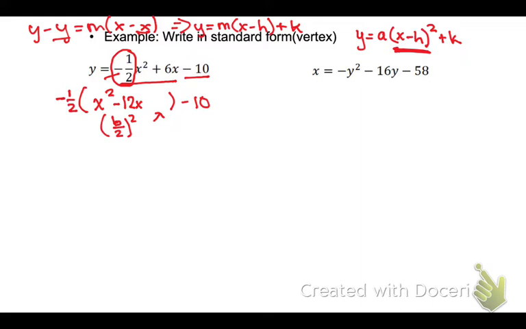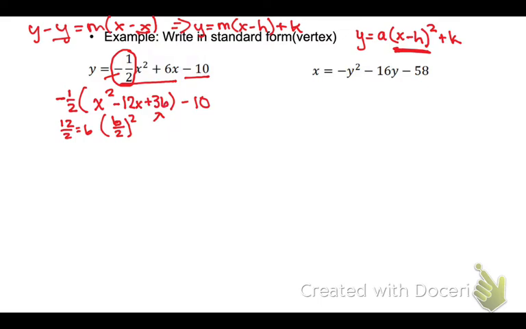Well, negative 12. But negative 12, and then we're going to square it. Does it matter if I take the negative or the positive of it? No. Okay, so b is 12. So 12 divided by 2 is 6. Squared is 36. And it's always going to be a plus because we're squaring it.